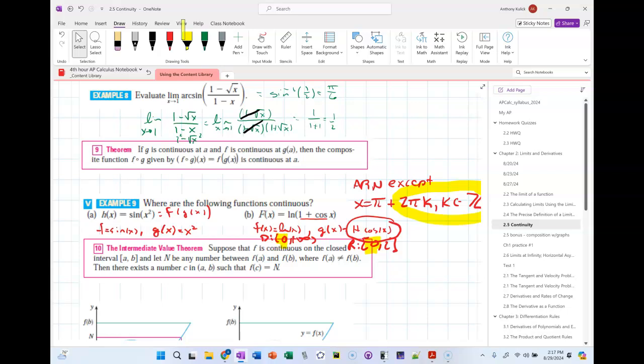But the output for g gave me some things that I can't plug into f, right? Specifically in this case, it was 0. So I had to say, okay, what values of x give me an output of 0 for g? We found one, such as pi, because we know we have infinitely many.